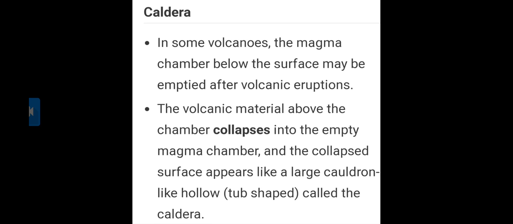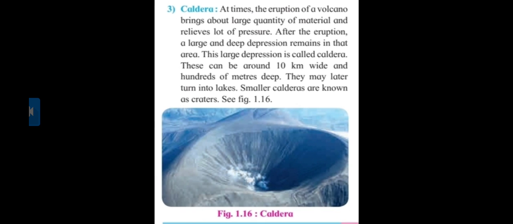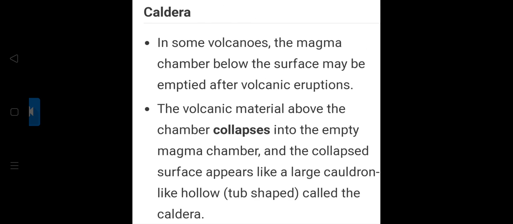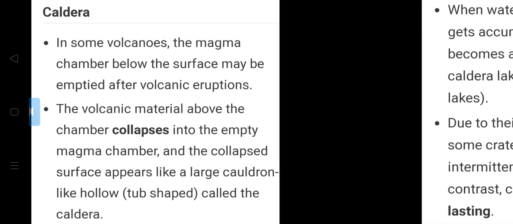In some volcanoes, the magma chamber below the surface may be emptied after volcanic eruptions. The volcanic material above the chamber totally collapses into the empty magma chamber, and the collapsed surface appears like a large cauldron, hollow and tub shaped. If you look at the figure, it looks like a tub which is 10 kilometers wide and hundreds of meters deep, which is called the caldera.